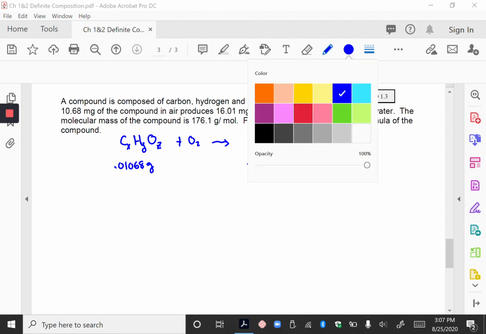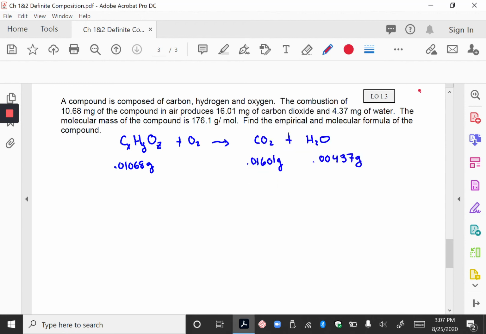So I'm going to go ahead and change colors. 0.01601 grams of CO2. First, I'm going to convert that to moles of CO2. So 1 mole of CO2 is 44.0 grams. And I don't want moles of CO2, I just want moles of carbon.